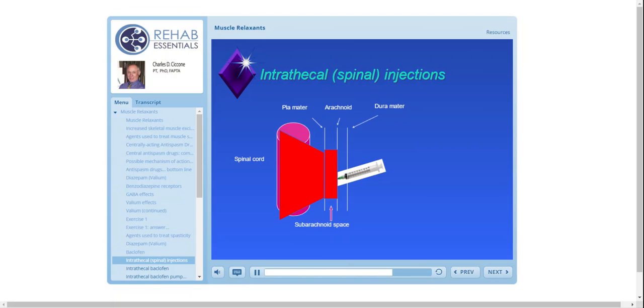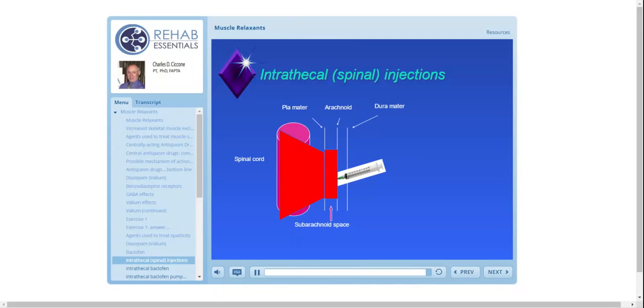So what's typically done is a trial injection. Does it really work? And this will be done through one injection from outside the body into the subarachnoid space by obviously an experienced practitioner. And then we as physical therapists are often monitoring the patient's response to that trial injection. Does it work? Does it look like this might be a beneficial treatment?